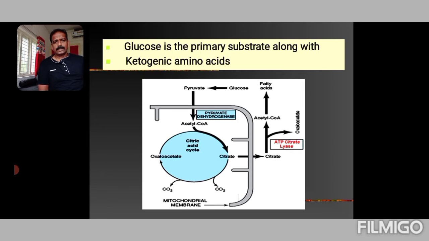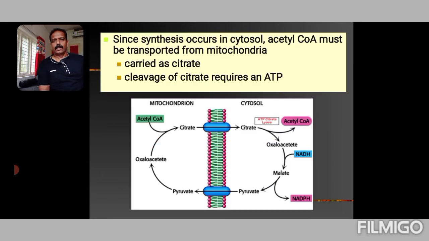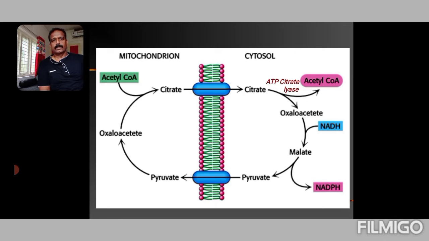This is actually carried out through citrate transport. There is a citrate transport mechanism involved in the mitochondrial membrane, as you can see here. Citrate will be available in excess, obviously, in the fed state, when carbohydrates are in excess.